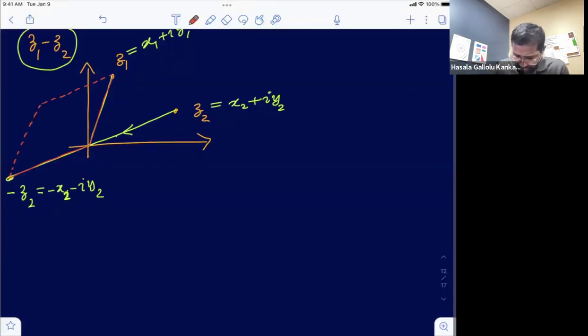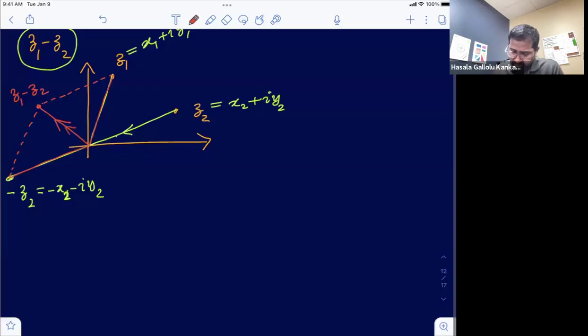So that will point us to this point where z1 minus z2 actually occurs. However, when you consider the magnitude of this number, you can see the exact length between these two in a different way.